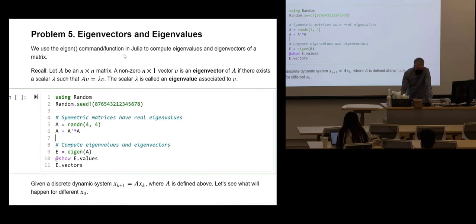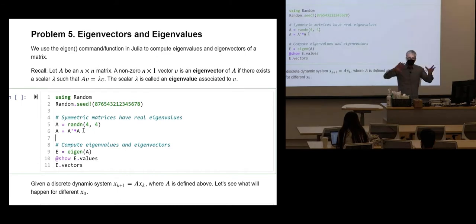And so there's a really nice fact. If a matrix is symmetric, so like A transpose times A is symmetric, or we could put A plus A transpose, that would be symmetric as well. Real symmetric matrices always have real eigenvectors and real eigenvalues.